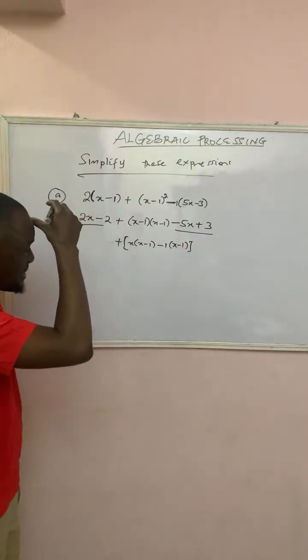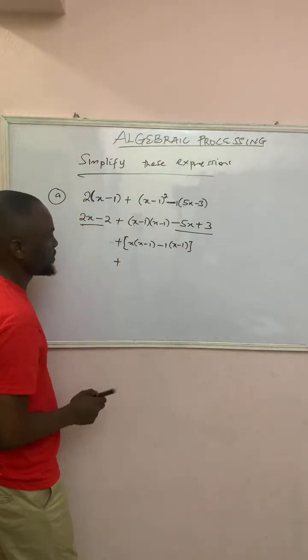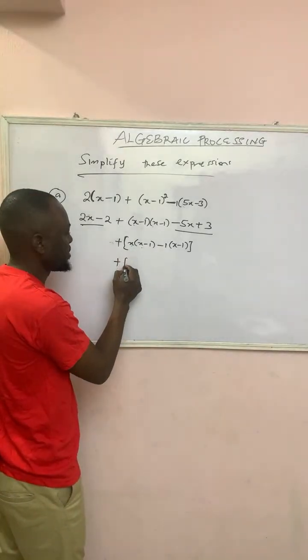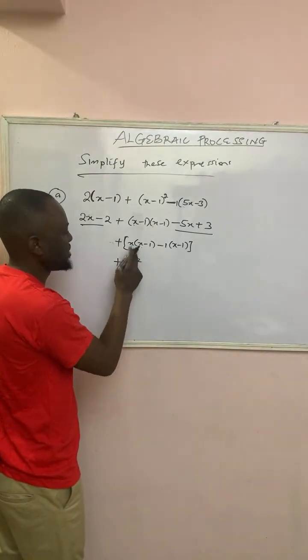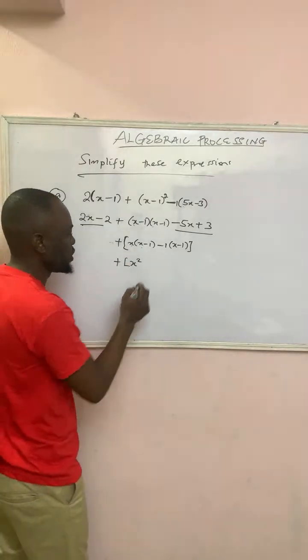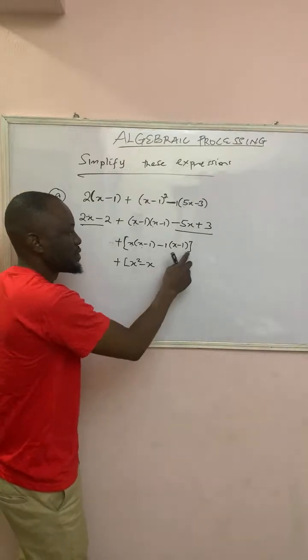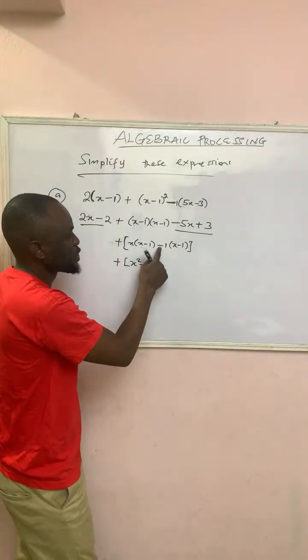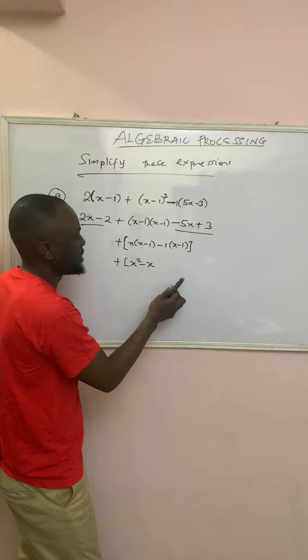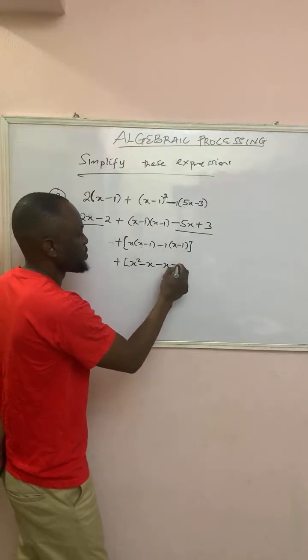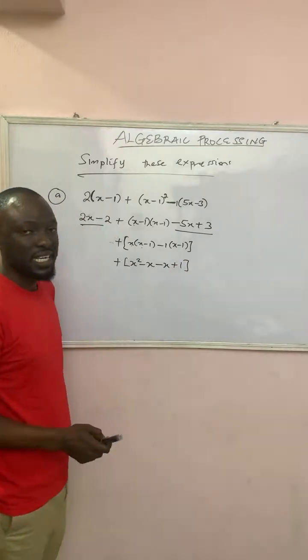So x multiplied by x will give us x squared. X multiplied by minus 1 will give us minus x. And then I'll do the same thing here: minus 1 times x will be minus x, minus 1 times minus 1 will be plus 1. I hope you understand how I got that.